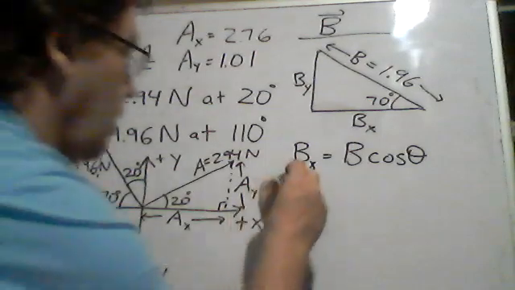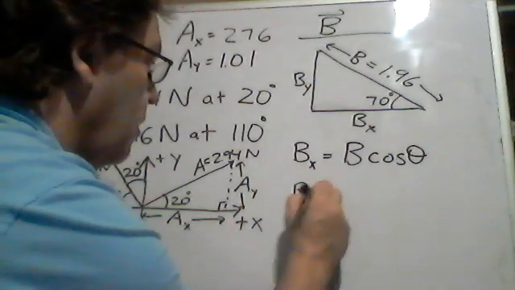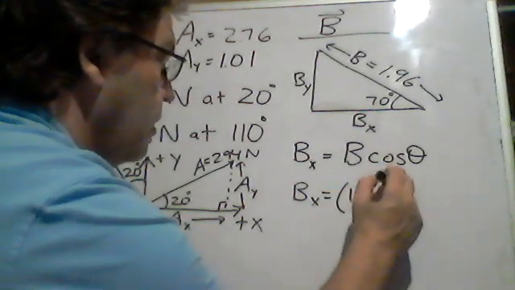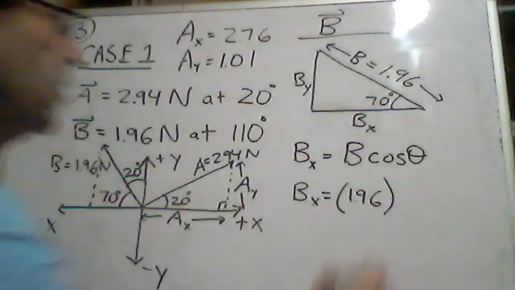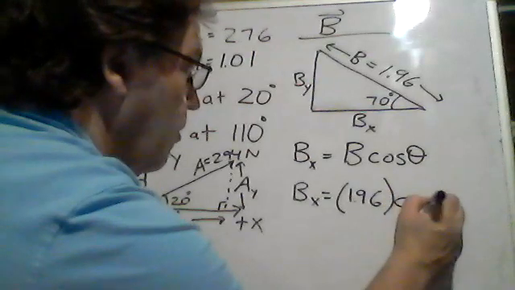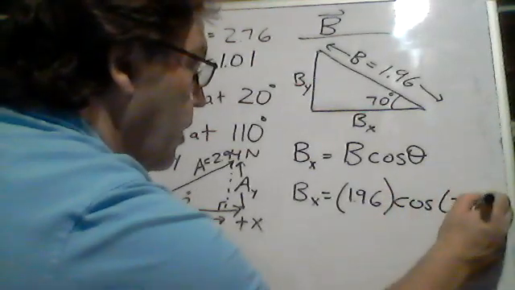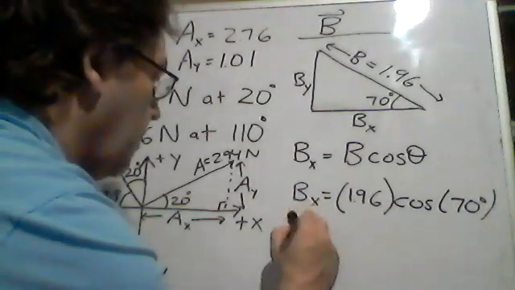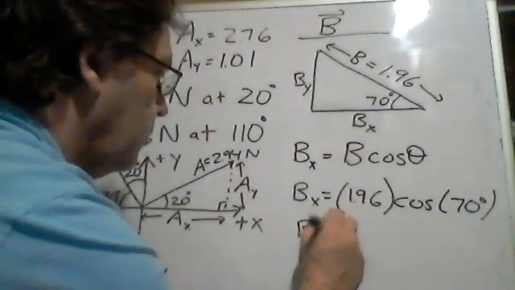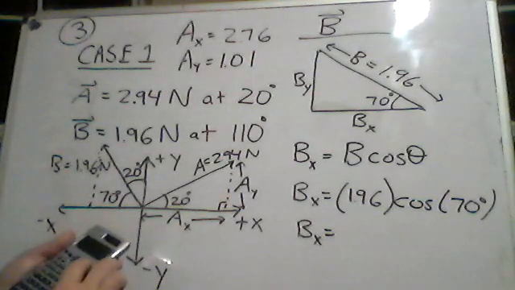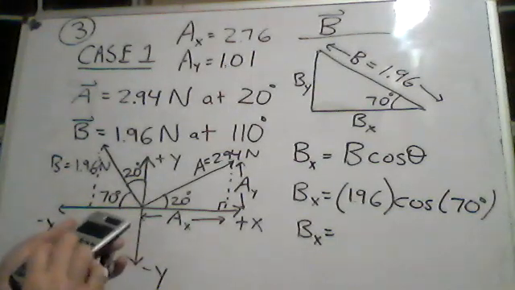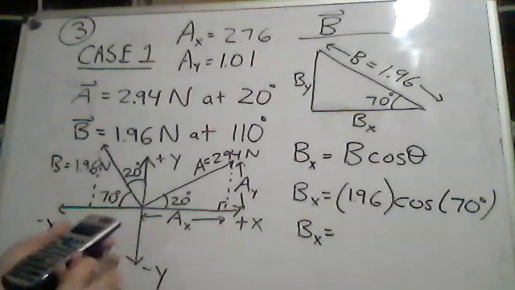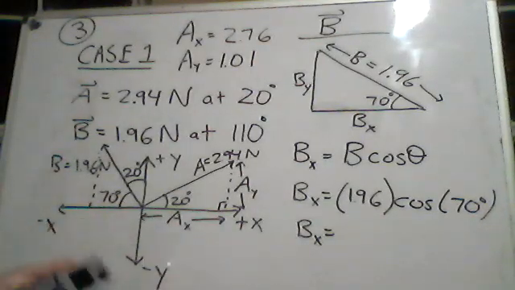All right, so b sub x is my b, 1.96, times the cosine of 70 degrees this time. All right, b sub x, if I do that, I get 1.96 times the cosine of 70, and I get about 0.67.